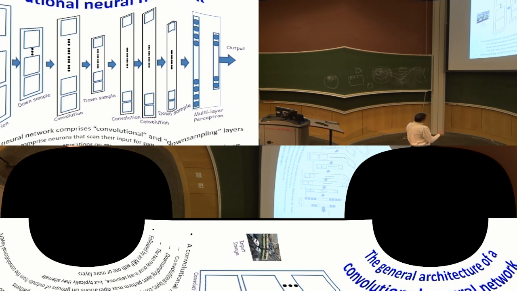And then when you finally get to the last downsampling layer, all of these outputs are put through a classifier, which means you take all of these maps, flatten them out into one giant vector, and then put it through either a single softmax, as we saw in the last class, or an entire MLP to get an output. So this is the entire general architecture of the convolutional network.